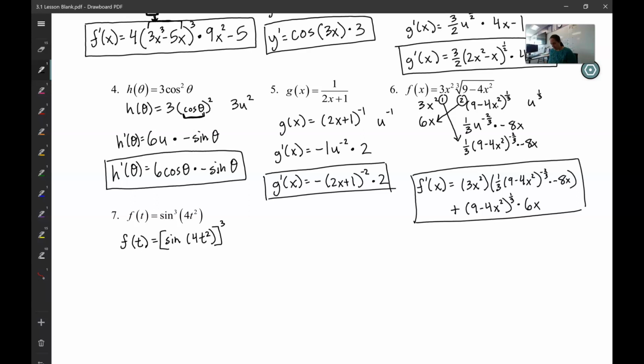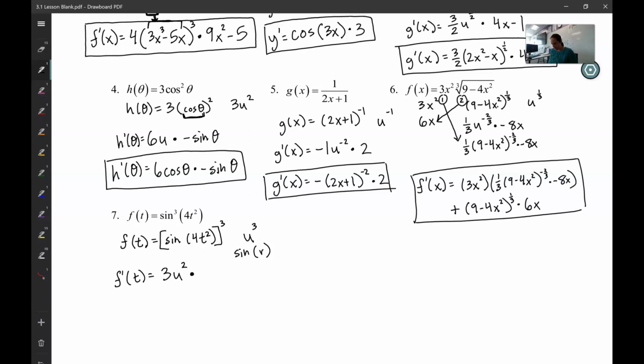So I start by taking the derivative of the mommy function. This mommy function is u cubed. So the derivative of that is going to be 3u squared times this next function in here. I've got sine of, let's use a different letter, let's say r. So sine of, this is all my r. So now I'm going to multiply by the derivative of this baby.